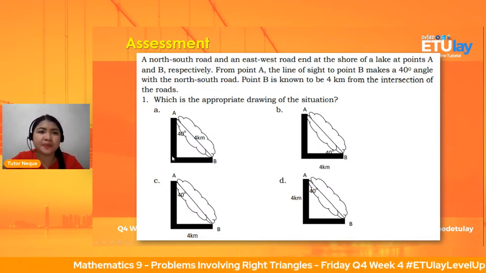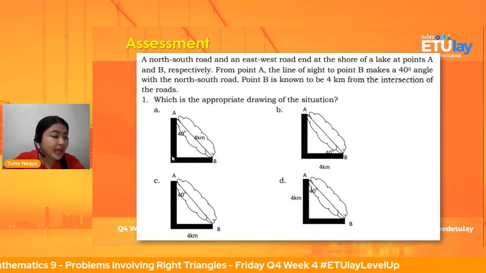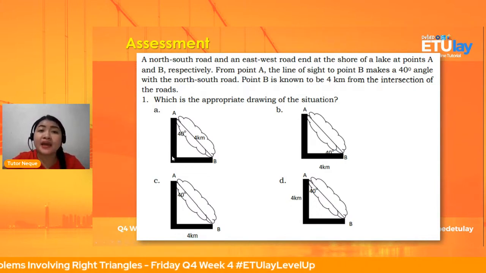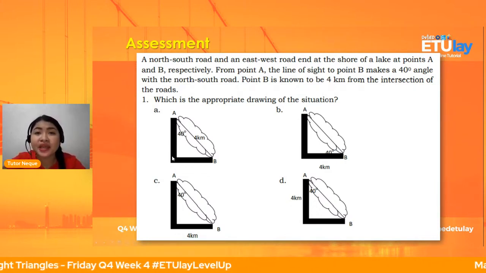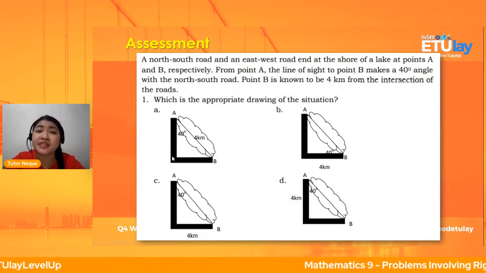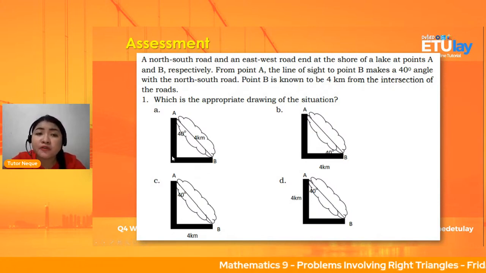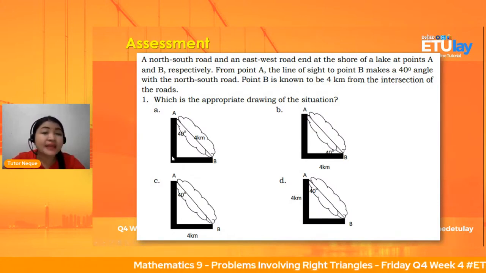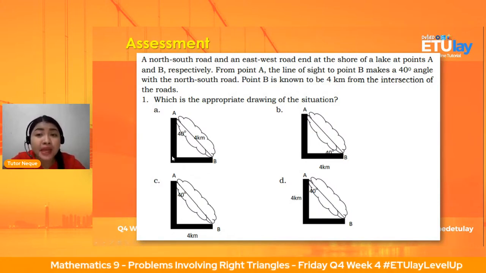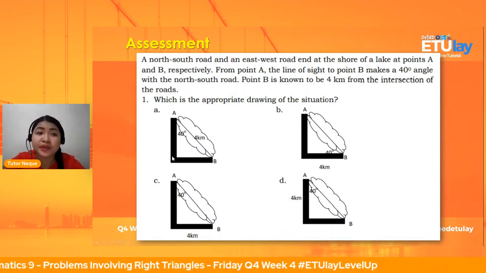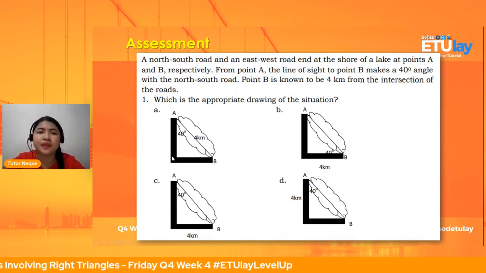Let's answer this one. A north-south road and an east-west road end up the shore of a lake at points A and B, respectively. From point A, the line of sight to point B makes a 40 degrees angle with the north-south road.